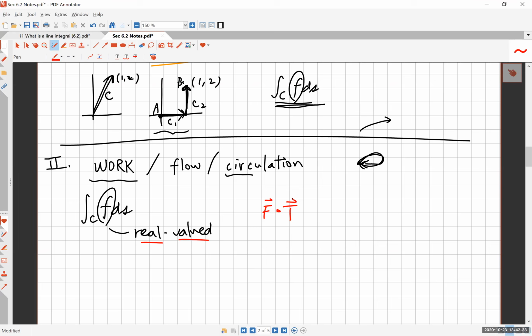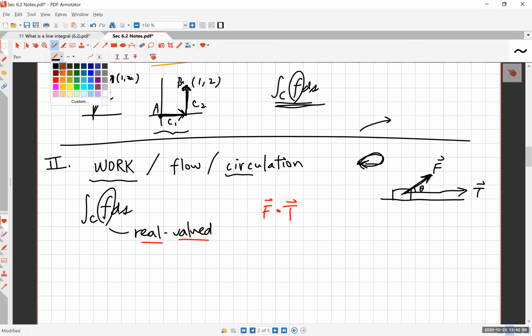I explained this at the last part of the previous section, but if you're trying to move an object with this force F at an angle theta, the force times the distance is actually not going to give you the work done by this force along the direction of the motion.